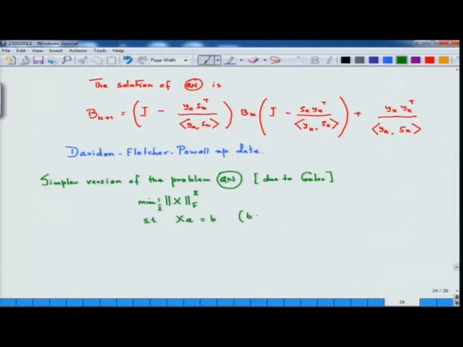We will expect B to be non-zero and A to be non-zero too. So, for the time being, X is my variable. This is a structured optimization problem, as Güler calls it. So, we will just write it down here as a structured optimization problem.